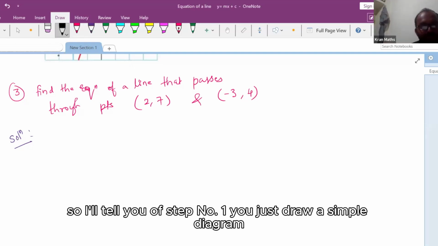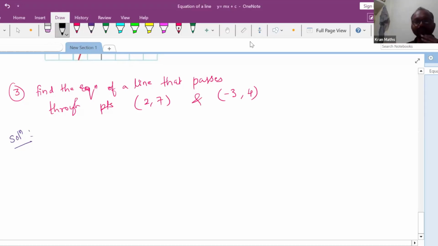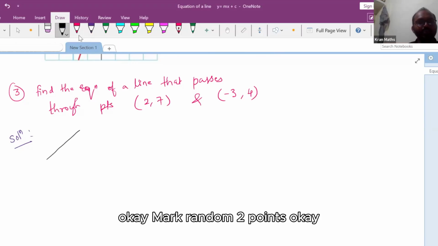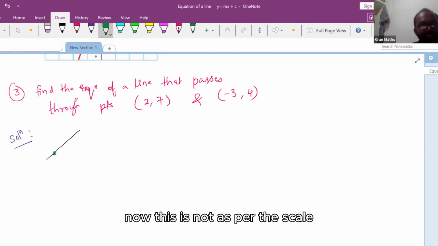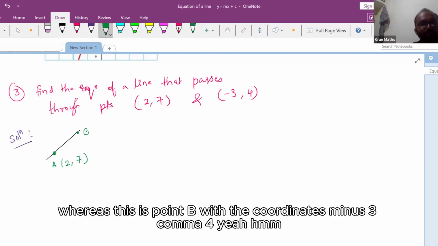I'll tell you step number 1. You just draw a simple diagram. Mark random 2 points. Now this is not as per the scale. This is point A whose coordinates are 2 and 7, whereas this is point B with the coordinates -3, 4.